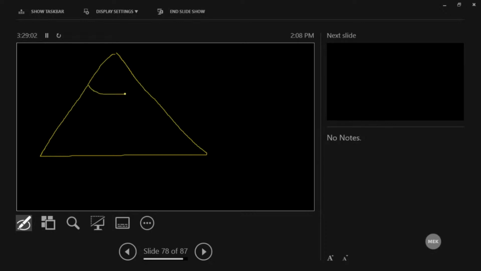So let's say we have a regular scalene triangle. In a scalene triangle, all sides and angles are different. But let's say this angle is 5x, this is 2x, and this is x.